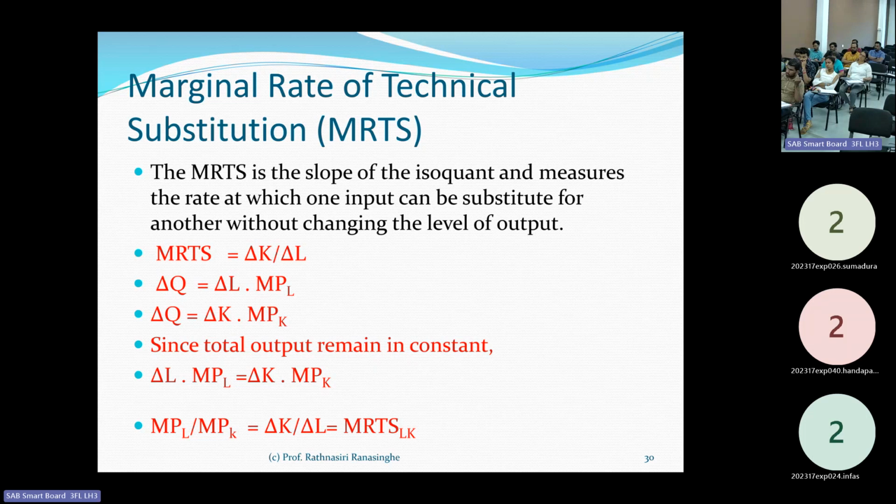That means you can equate these two equations, because here also we have delta Q. You can equate delta L times MPL equals delta K times marginal productivity of capital. So finally you can write marginal productivity of labor over marginal productivity of capital equals delta K over delta L.